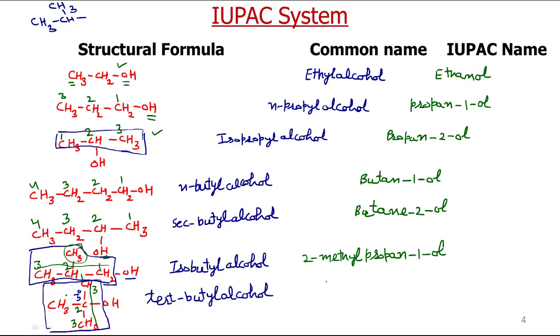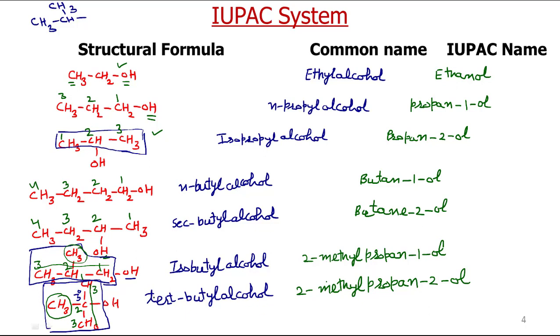This methyl group is present as a substituent, so its name will be 2 methyl. 3 carbon atoms, so we will use propane. The OH group is present at second position, so it is 2-ol. So its IUPAC name is 2 methyl propane 2-ol.